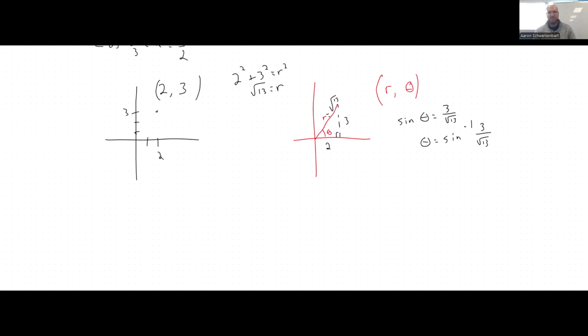And I get 56.3. So my equivalent coordinates in polar are square root of 13, 56.3 degrees, or if I wanted it in radians, .98.